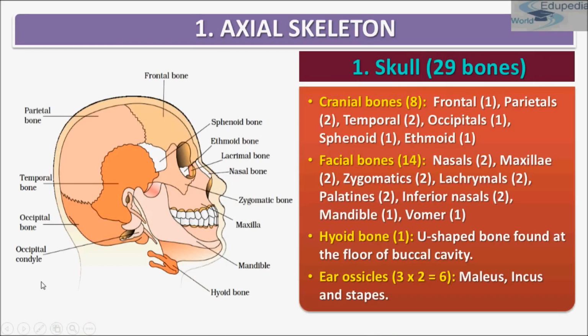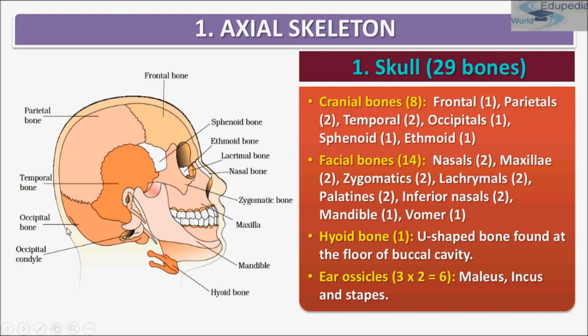See, this is our skull, and it consists of cranial bones, which are 8 in number. First, the frontal bone, which is 1 in number. Parietal, which is 2 in number. Then comes temporal bone, also 2 in number.